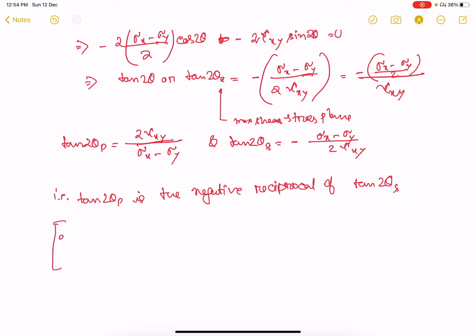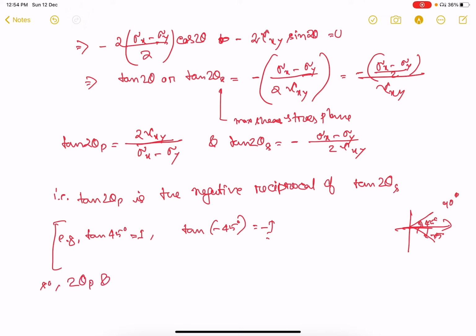For example, tan 45 degree we know is 1, and tan minus 45 degree, if we move in this direction, comes minus 1, the negative reciprocal. So the angle between them is 90 degree. Whenever it is a negative reciprocal, 2θp and 2θs are 90 degree apart.